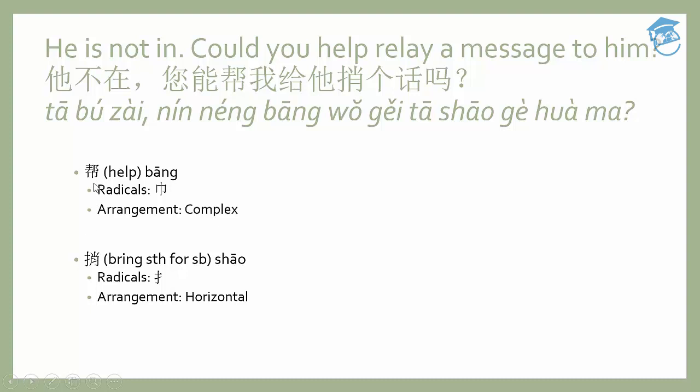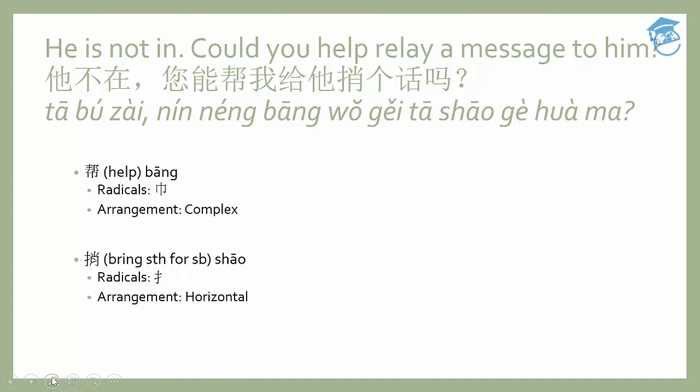The first one is 帮. 帮 means help. Okay, this is quite a common word to use. So whenever you want to ask for help, you can use this word. This is the pinyin, 帮, and the radical is what's at the bottom there. The arrangement is complex because you have a top and bottom component, and the top component has left and right components.